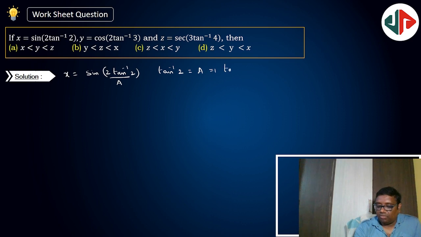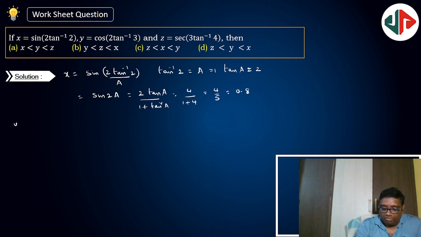Then tan a is equal to 2. So this will become sine 2a. Sine 2a means 2 times of tan a by 1 plus tan square of a. So what is our answer? 4 by 1 plus 4. So it is nothing but 4 by 5. So your approximation value is 0.8.